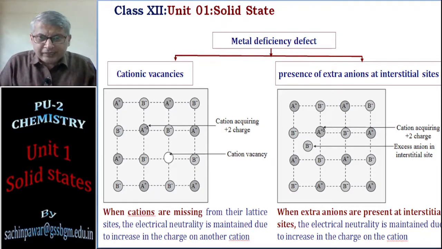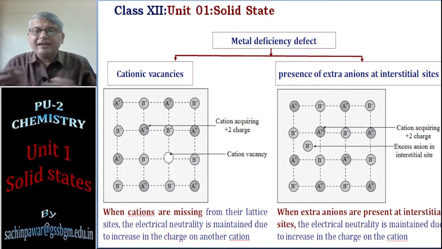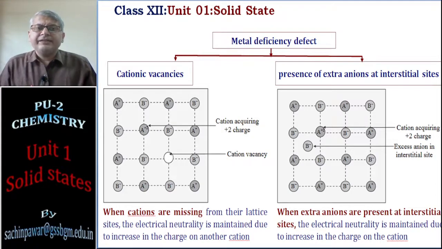So what happens here, if you concentrate on a neighboring cation, which was A plus, will become A plus 2, so that the charges get balanced. One negative charge goes, one positive charge comes, meaning we have equal neutrality. Neutrality is maintained. So here, when a cation is missing from its lattice site, the neighboring cation will acquire a higher oxidation state, a higher positive charge, so that electrical neutrality is maintained when we have a cation vacancy defect.